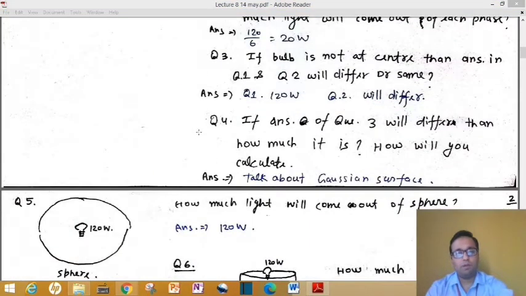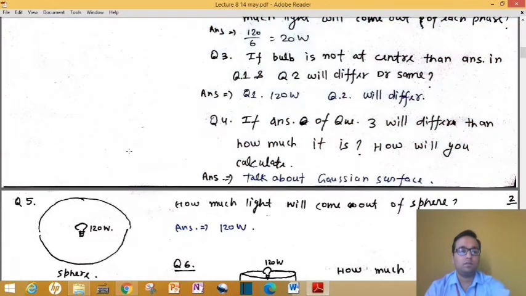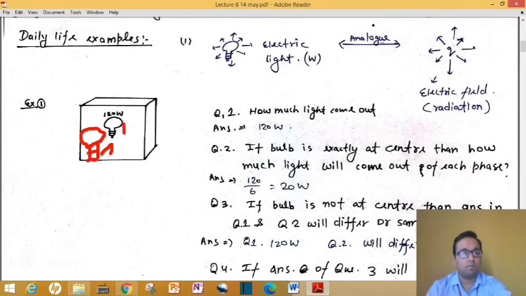Here we have question number 4. As you can see, question 4 is, if the answer of question 3 is different, then how much is it? I mean to say that if your bulb is not placed at the center, say it is placed at position 2, then you are saying that light is not the same from each face this time.